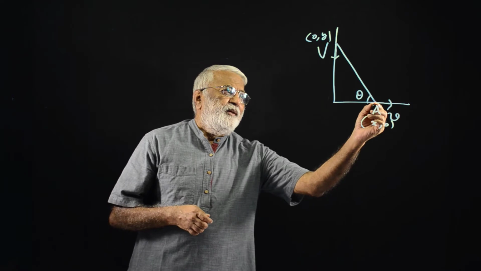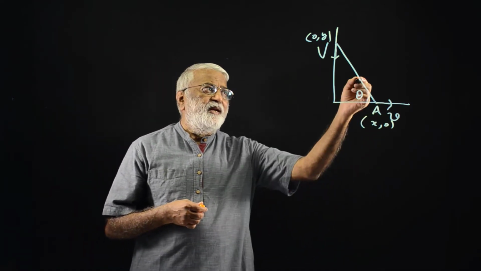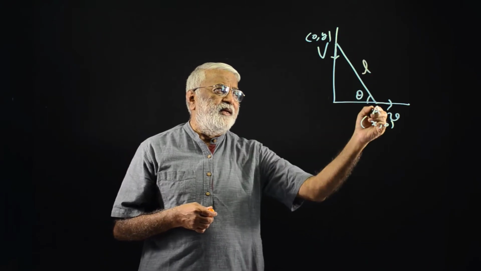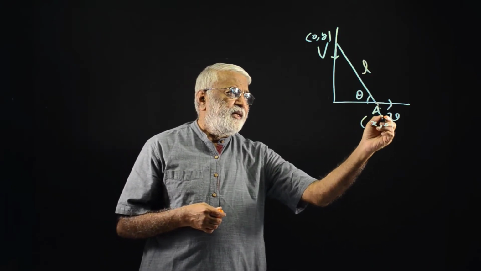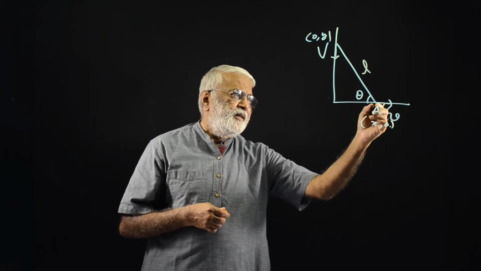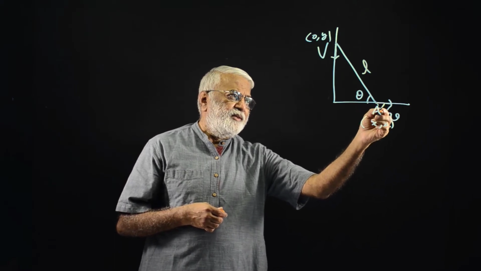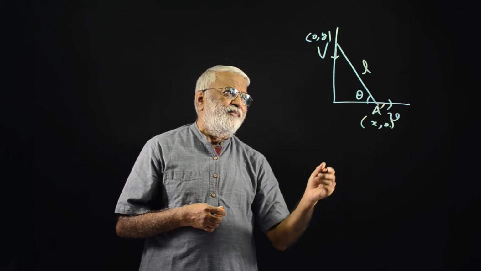Well, during the motion, the length of the rod does not change. So we can directly relate to that length L and say the lower end of the rod has a velocity v at an angle to the rod, and the velocity component along the rod is v cos theta.